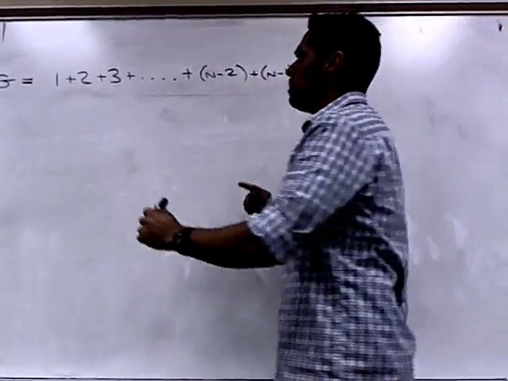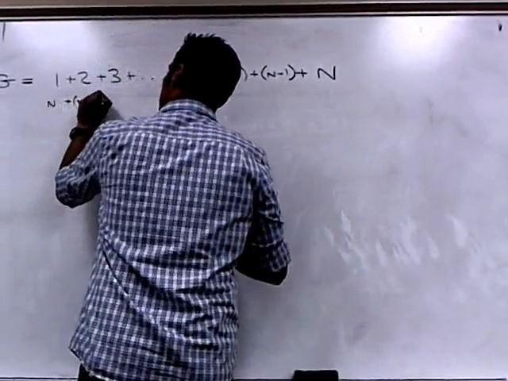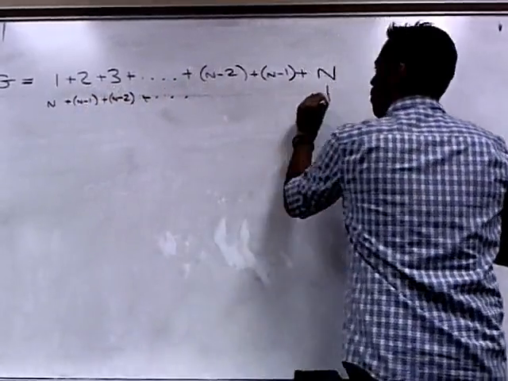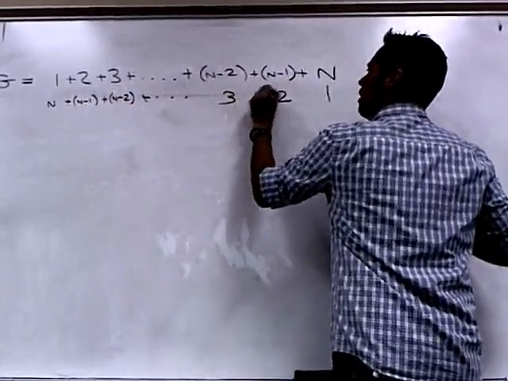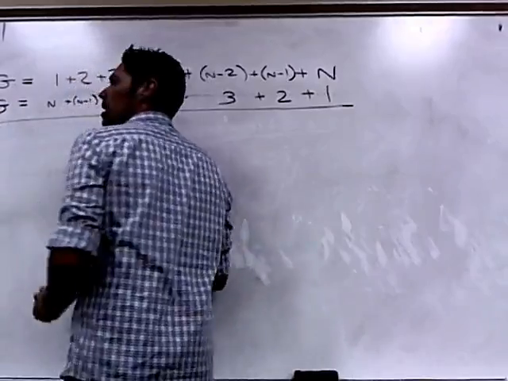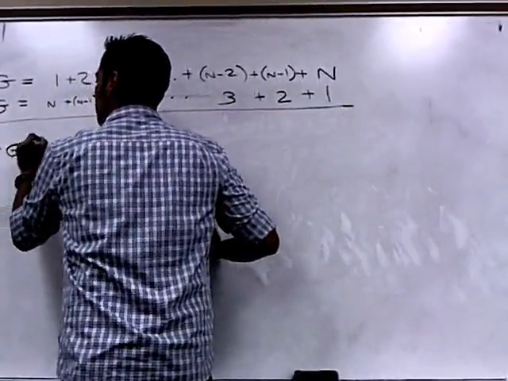And if I write that list backwards, then it's n plus n minus 1, and then n minus 2, and then you go all the way down, you should have 1, 2, and 3 here, right? And then Gauss said, I call that G, and now I add straight down, and I get 2G is what?